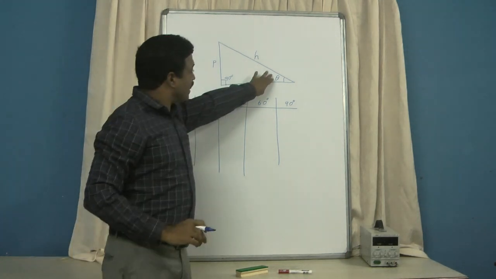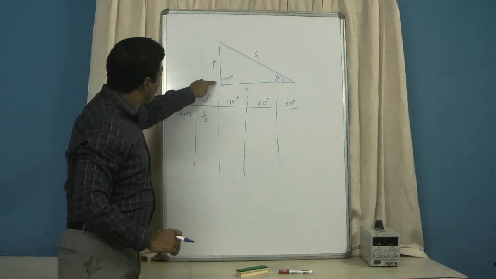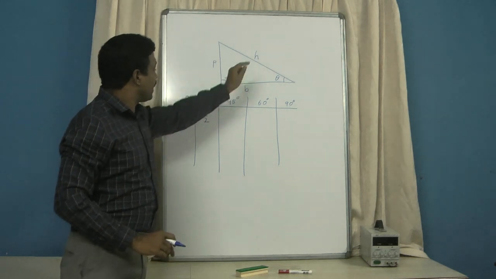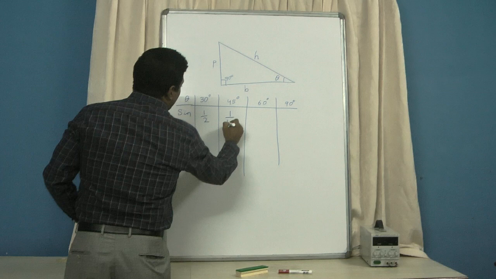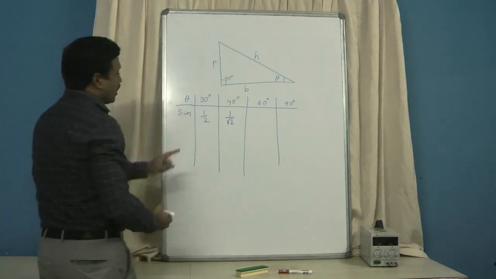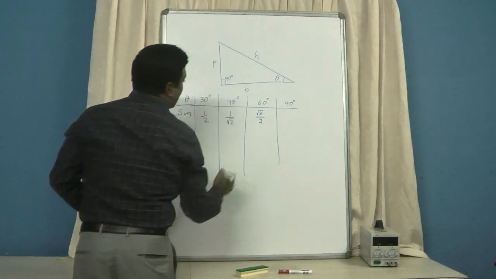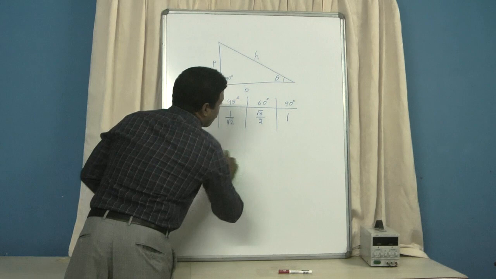When this theta becomes 30 degree, the ratio between P and H is 1 by 2. That means P divided by H gives you 1 by 2. For 45 degree, it is 1 by root 2. Then for 60 degree, it is root 3 divided by 2. And for 90 degree, it is 1. Now let's figure out where these values came from.